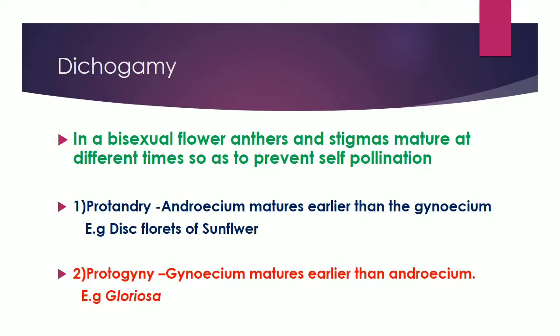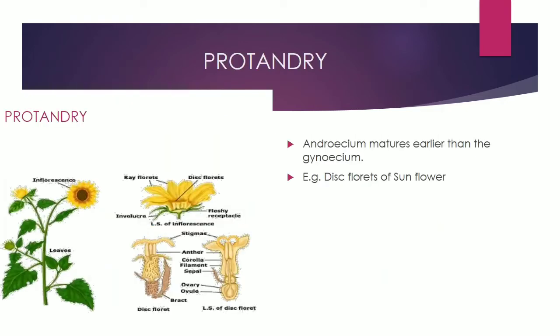When gynoecium is maturing first, it is protogyny. The protandry example given is the disc florets of sunflower, where the androecium is maturing first. Keep the examples in mind because in MCQs all examples can be asked.